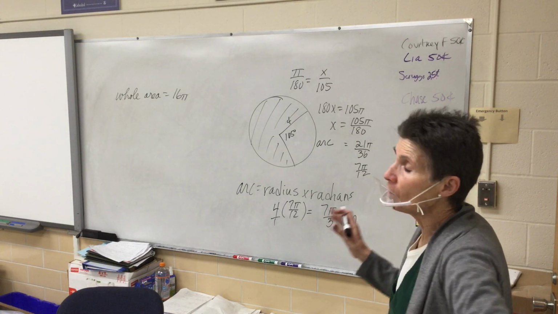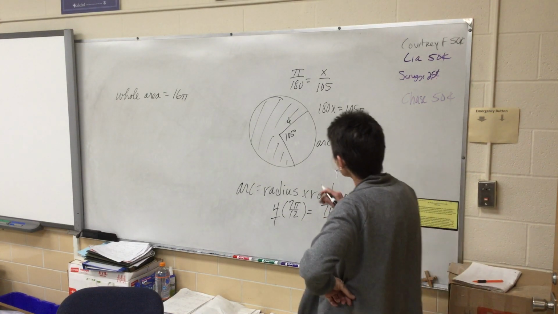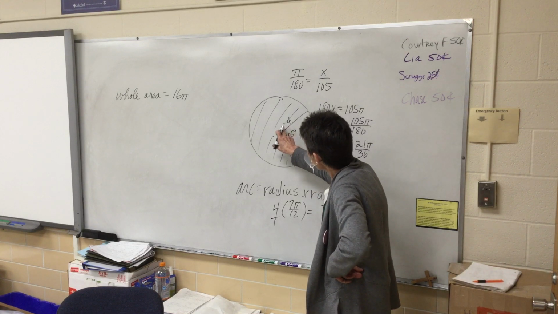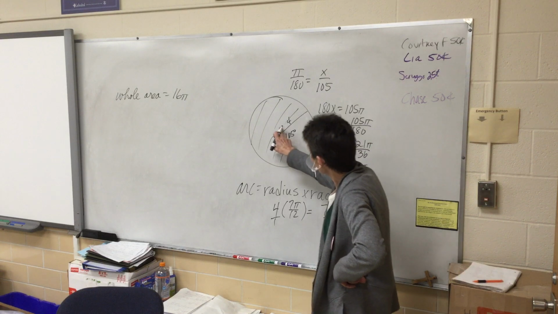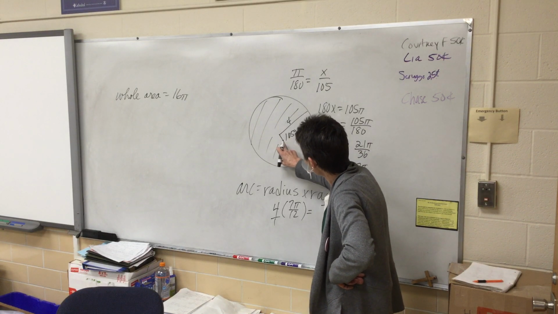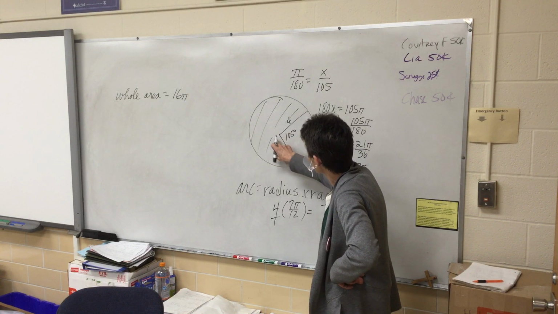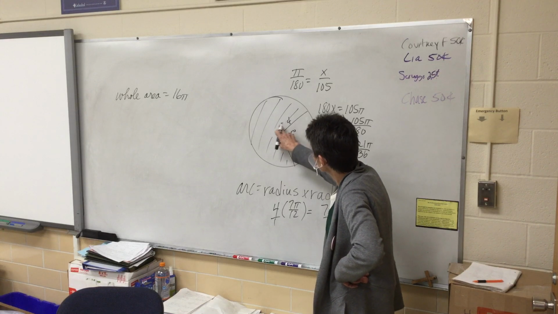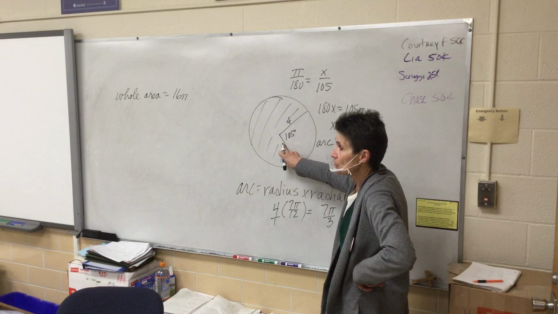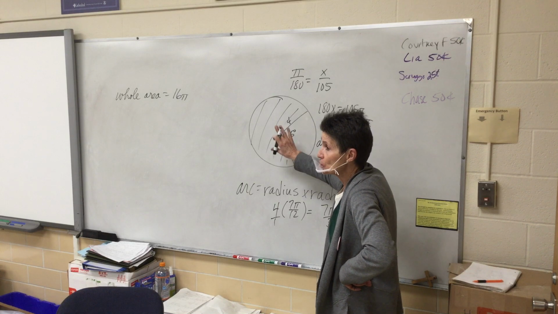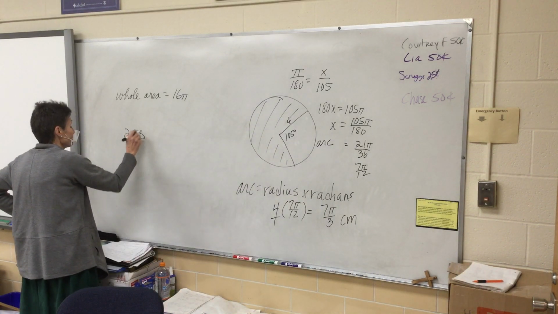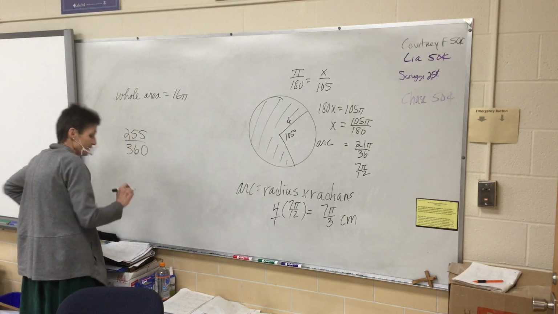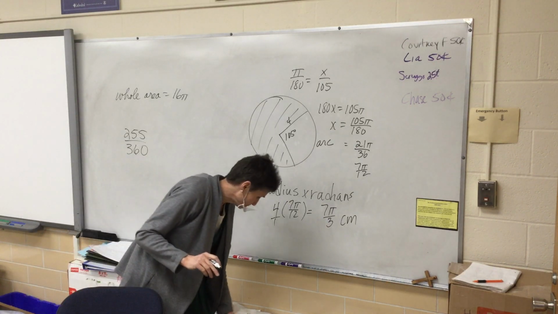All right, so the whole area is 16 pi. If I'm looking, I can do it by subtraction like Ellie said, or I can actually work with this angle. What would this angle be in the colored part here, the shaded part? 255. So the shaded part represents 255 360ths of the whole.